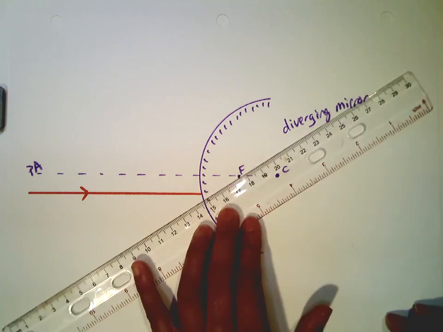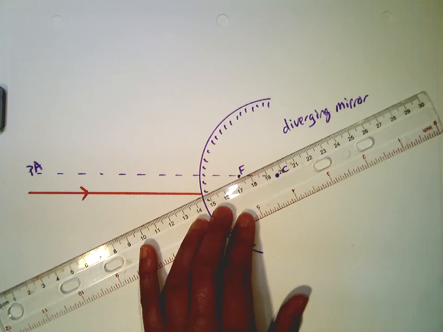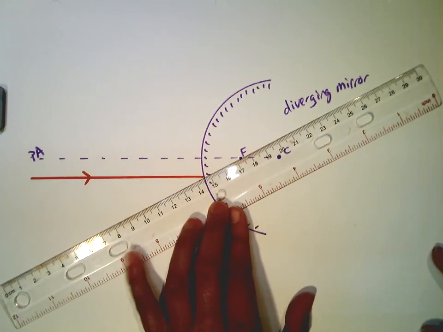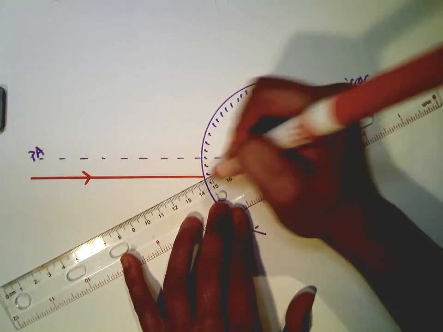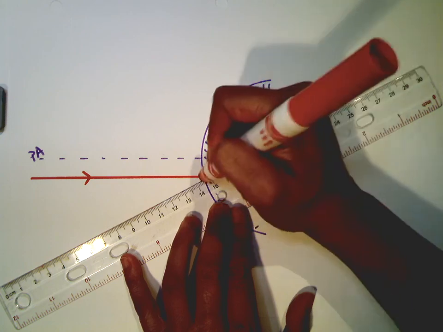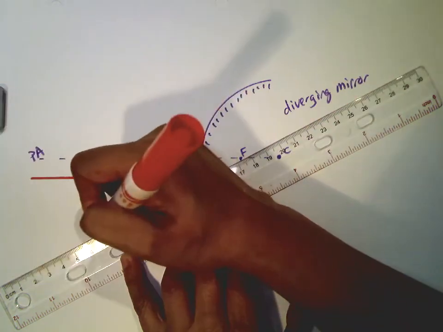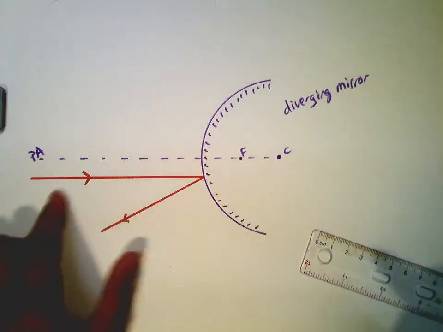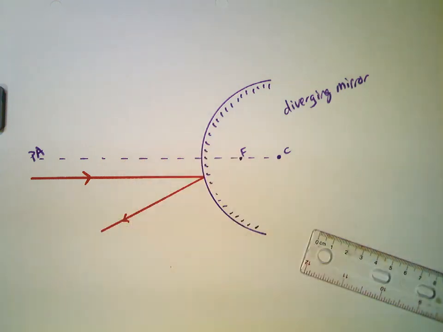But when it bounces off, it's going to bounce off as if it came from the focus. So I'm going to line up the focus and the point of intersection here, and it's going to bounce off. That's the point where the light has been reflected. So here's your incident ray coming in and reflected.